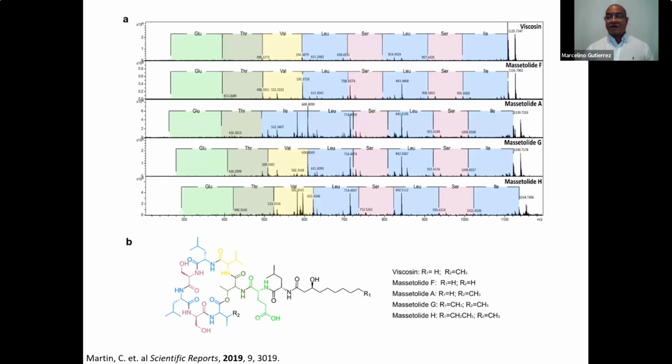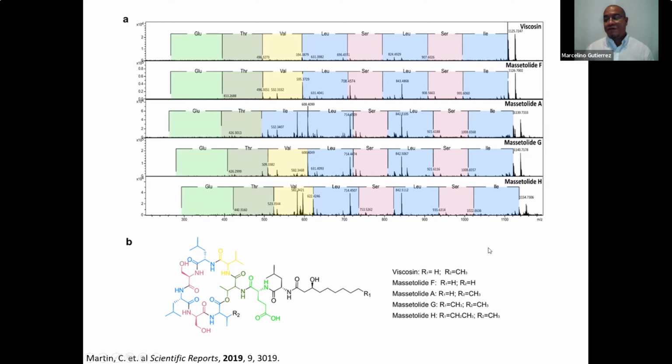And so in order to confirm the structure, we made an MS/MS analysis of all these peptides, and we confirmed the structures using mass spectrometry to know the sequence of different amino acids that form the peptide.